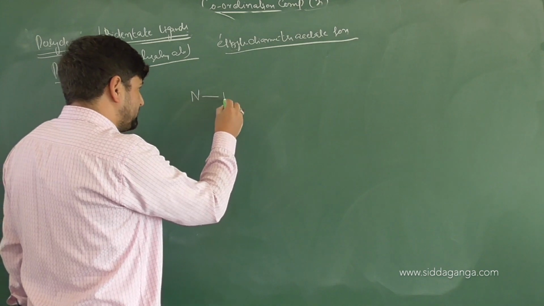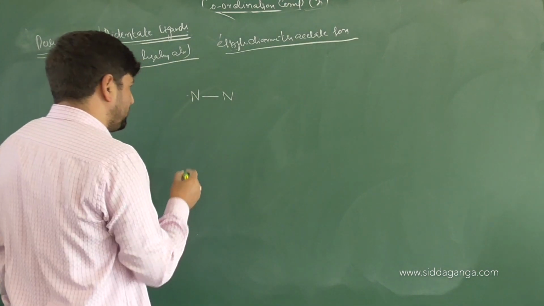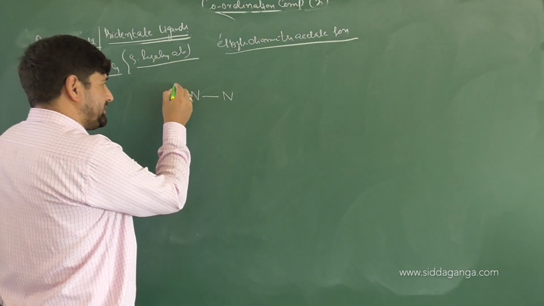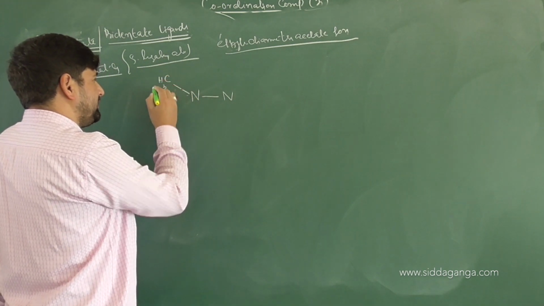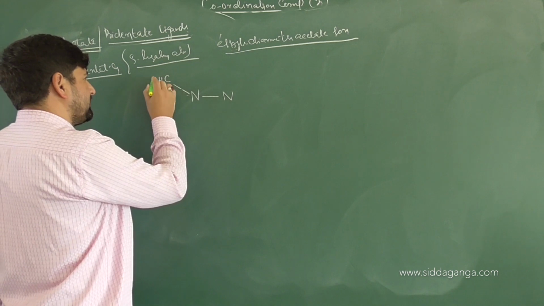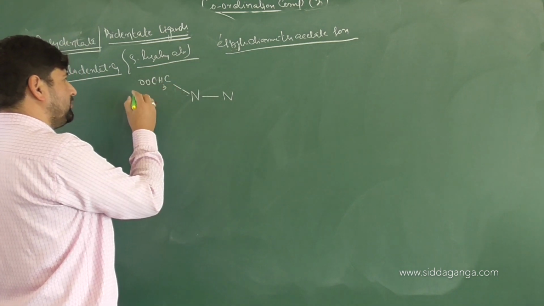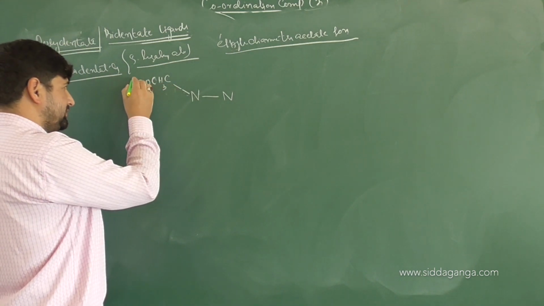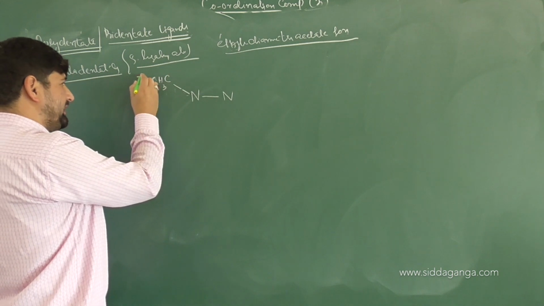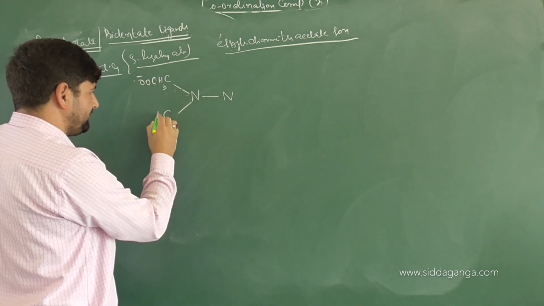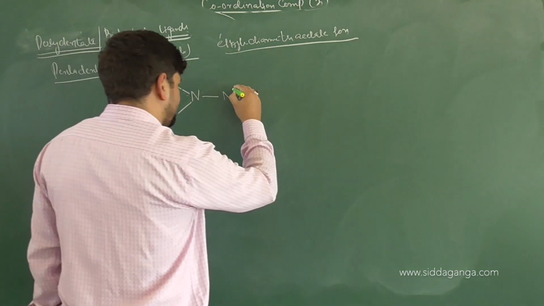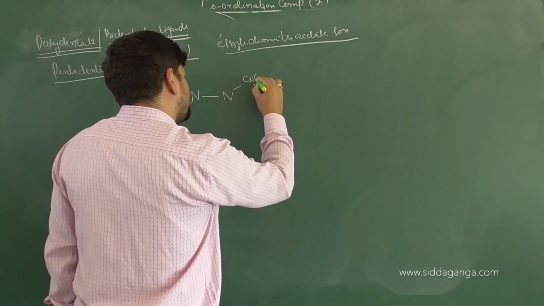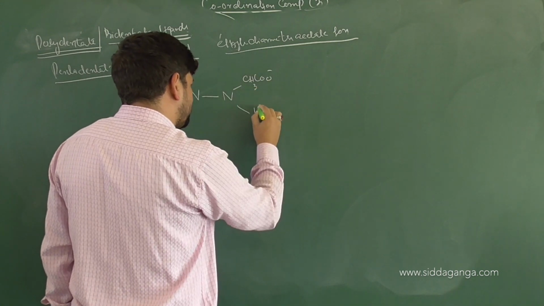Nitrogen attached to nitrogen. How many hydrogens are there? 3. So those 3 hydrogens are attached to CH3COOH. So H is removed, it will be minus. Then here CH3COO minus, then here again CH3COO minus. Then you have hydrogen.